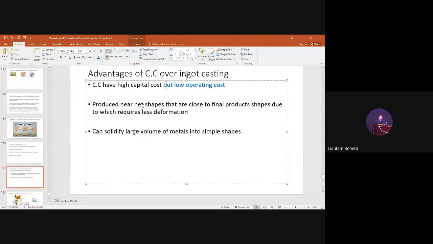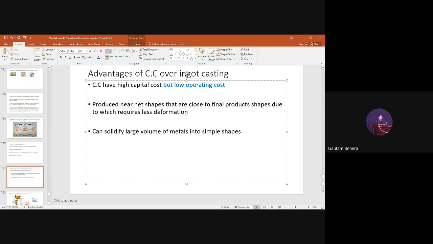And a second very good advantage of using continuous casting of steel is that it produces near net shape, close to the final product's shape, due to which we require less deformation. This is important. If we are obtaining a cast product whose shape is completely closer to the final product, that is an advantage. That means we do not have to deform it more.